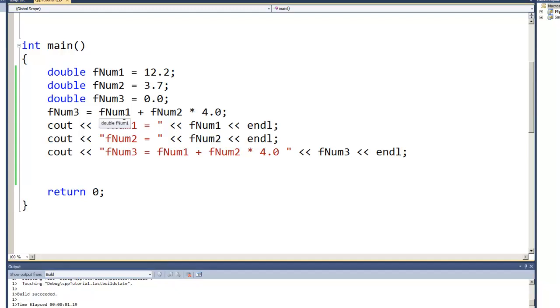Oh, I was going to show you with the parentheses. So let's go ahead and add parentheses around fnum1 and 2 so that we're forcing that math to be executed first. In this case, it should add the 12.2 and the 3.7 together before it multiplies.